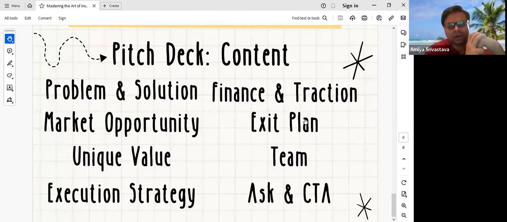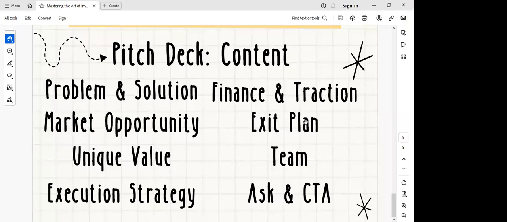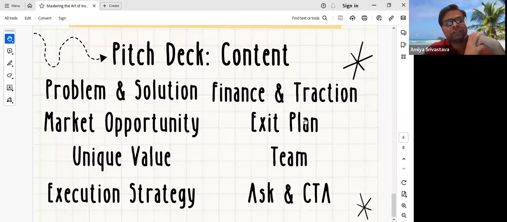Now, the problem with TAM SAM SOM is that it's highly theoretical. Let's say you are into HR tech. You first define a lot of constraints: I'm looking at India geography, tier 1 city geography, XYZ things, and then this is my total market. This total market has to be based on indirect research data that you cite from somewhere, so you're not doing first-hand research anywhere.